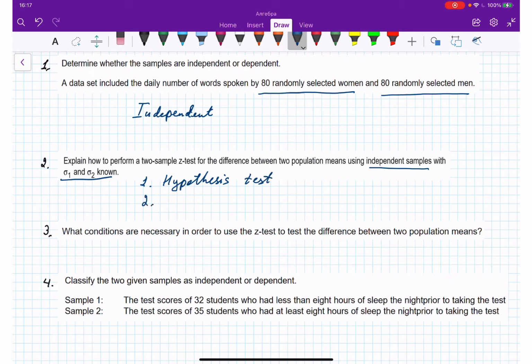Number 2, identify the claim. Those are the steps we are going to perform for a z-test for the difference. Then we need to identify or specify the alpha level, which is our level of significance.